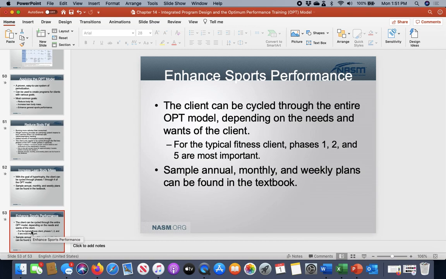There are obviously other ways to go about this, but this uses the OPT model very effectively, so you can use it as a template to start programming effectively and work within parameters so you don't beat your clients up too much and wipe them out so that they can't continue the next week. They need 5 days of recovery. Not appropriate either.